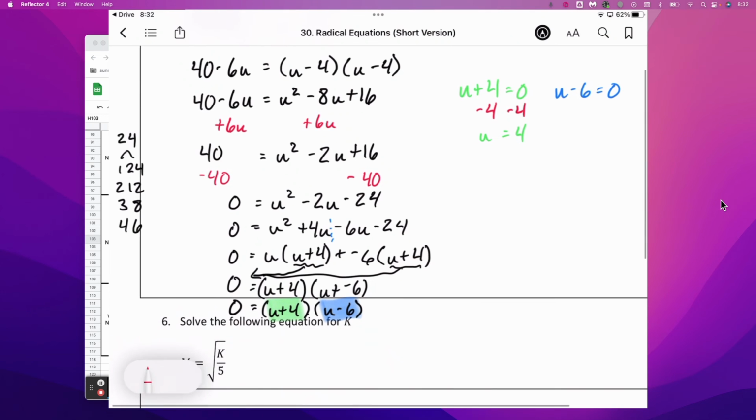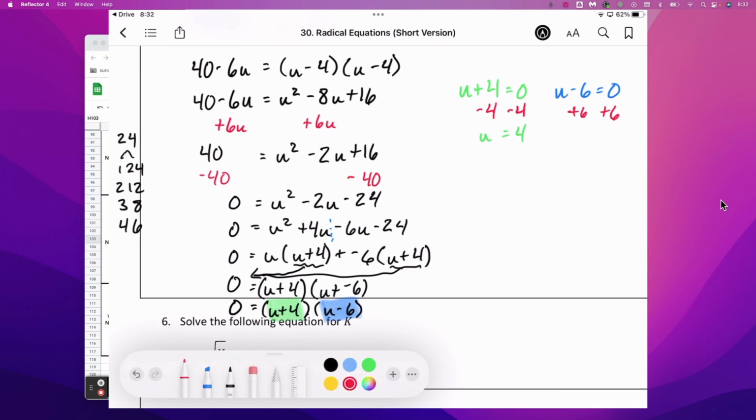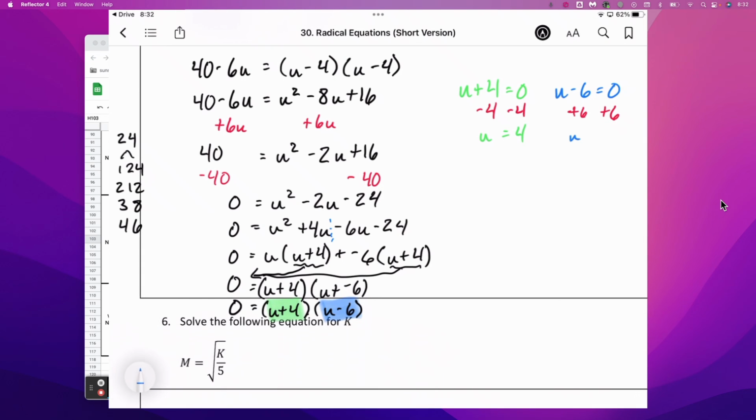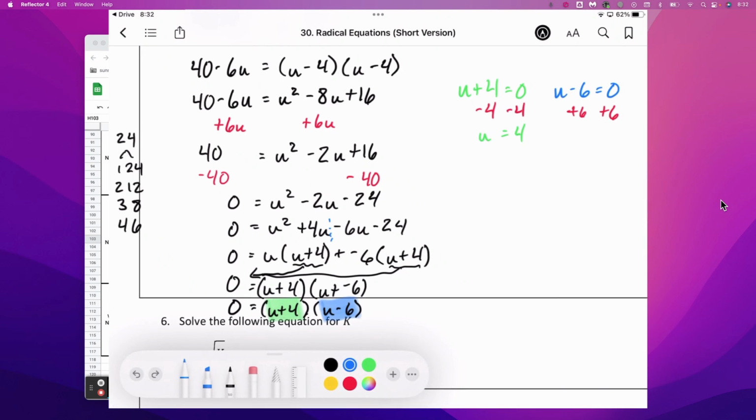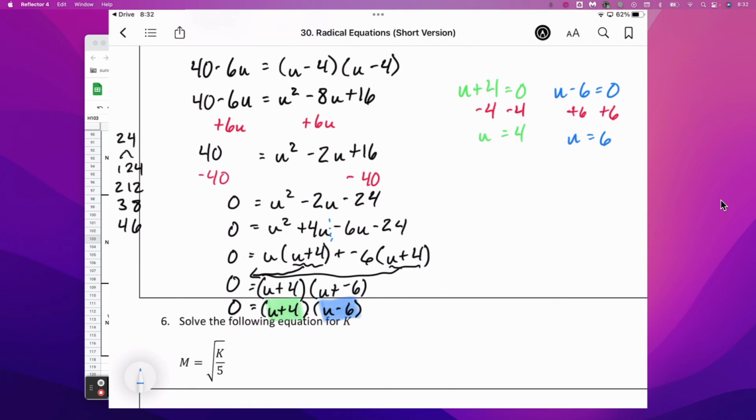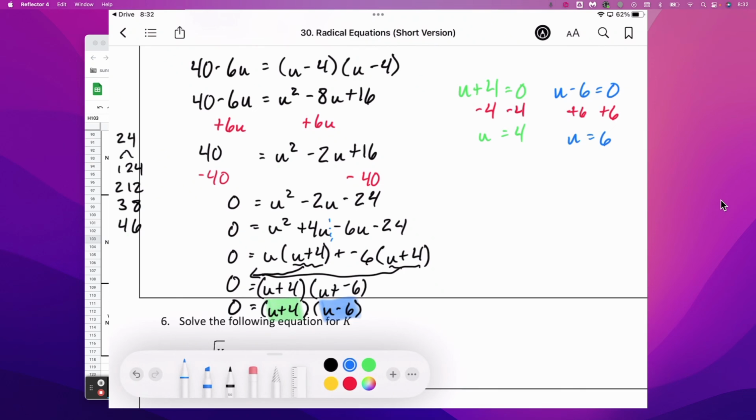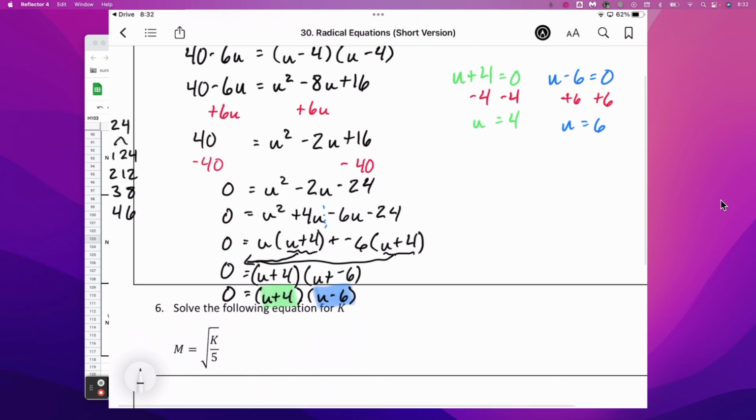On the blue one, we would add 6 to both sides and get u is equal to 6. So what we end up with here is u is equal to negative 4, or u is equal to 6 for that one.